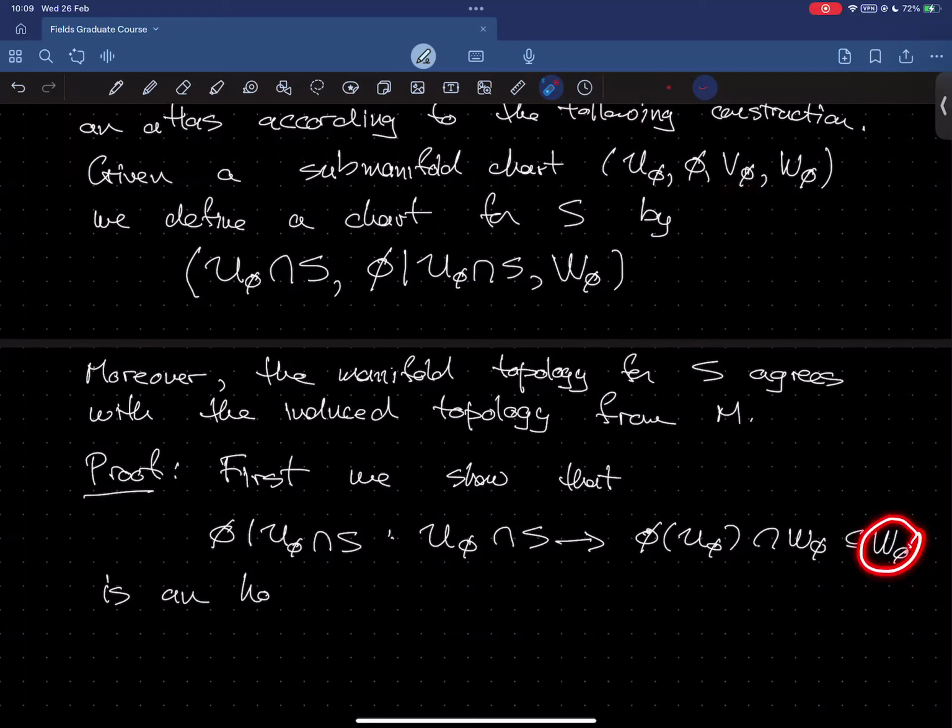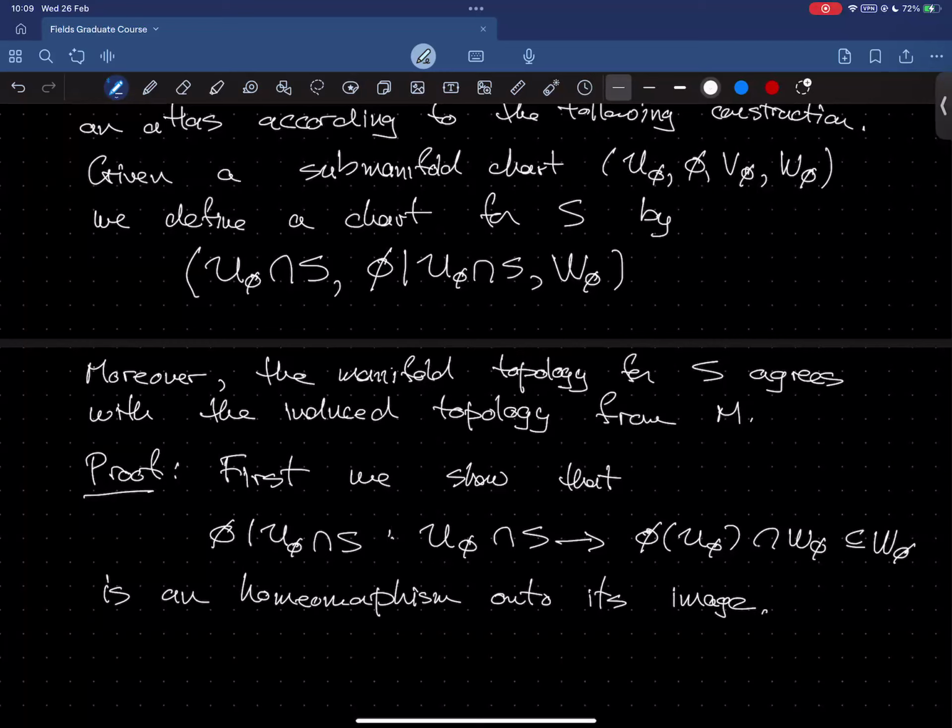And so the topology on here comes from V phi, and the topology on here also comes from V phi. So what this shows is this actually shows this. Let me prove it, and then I'll try to summarize why what I just said is true. So we're going to show that this is a homeomorphism onto its image.